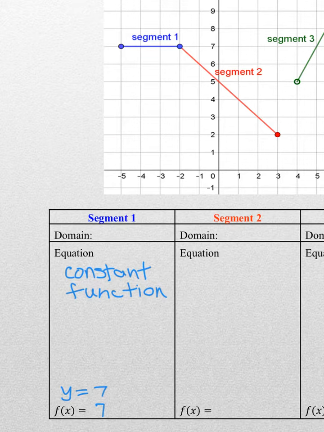So our segment 1 begins at a minimum of -5, and it's ending at -2. Do note again that these points are filled in. That means that segment 1 is equal to 7 when x equals -5, and it's equal to 7 when x equals -2. So when we describe that domain, we're going to use "or equal to."